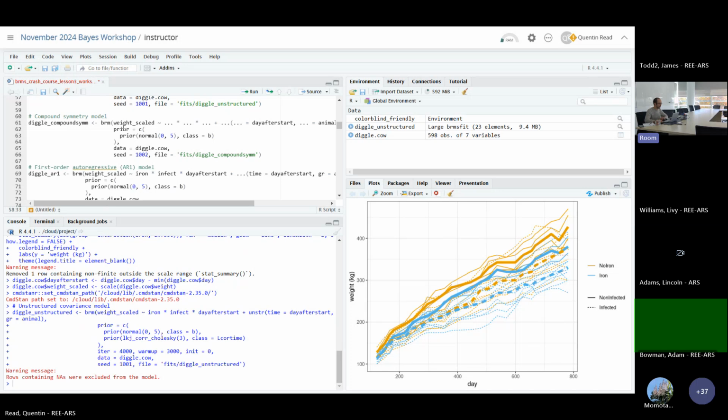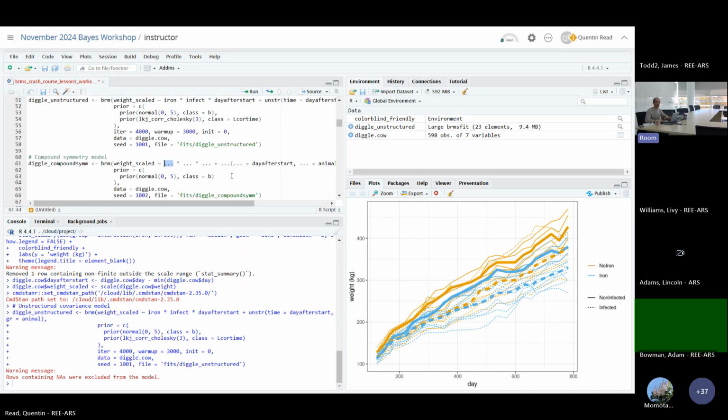The compound symmetry model is very similar. We have the same fixed effects: iron, infect, and day after start. The only difference is COSY, compound symmetry, is the covariance structure.